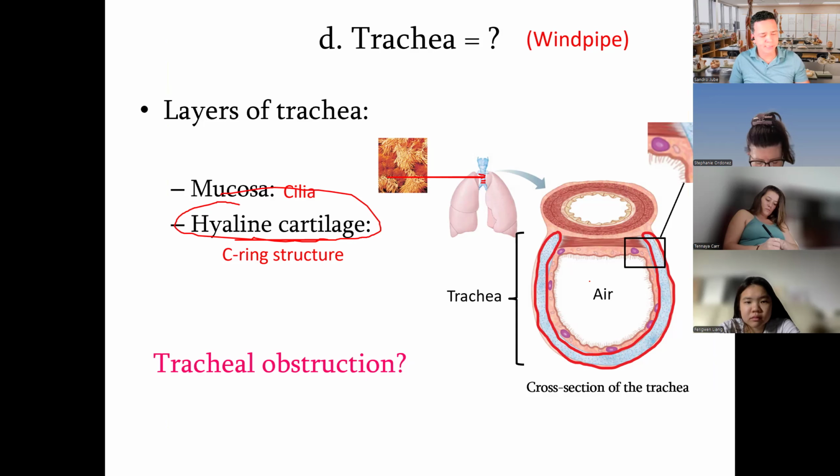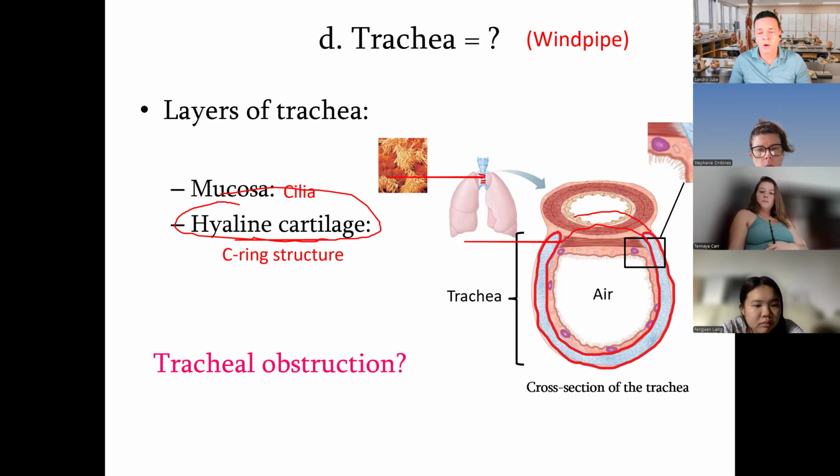Everybody look up here, please. And here's the question, folks. Why is the hyaline cartilage in the shape of a C and not of an O? Why isn't the hyaline cartilage an O instead of a C-ring shape?